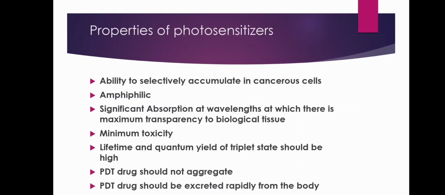Now we'll discuss the properties needed for a photosensitizer. First of all, it should have the ability to selectively accumulate in the cancerous cells. That means they should be retained in the cancerous cells for a longer period of time compared to the normal cells. That is the most important characteristic. Then the next thing is it should be amphiphilic. That means it should be both hydrophobic and hydrophilic in nature.